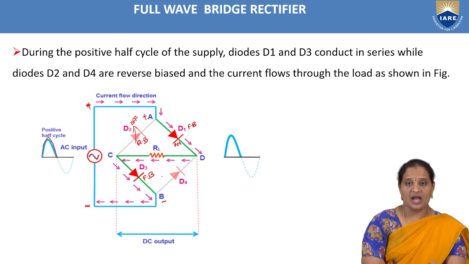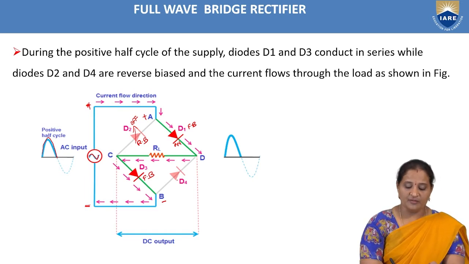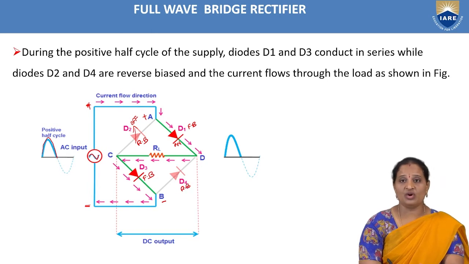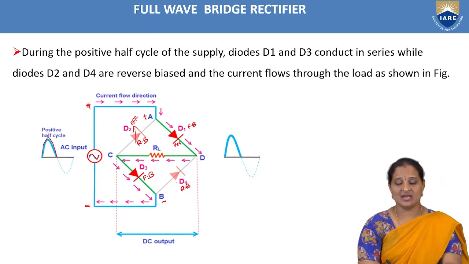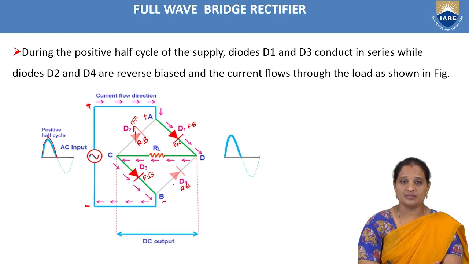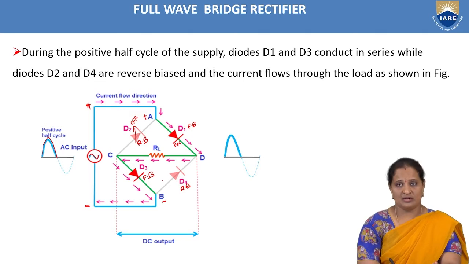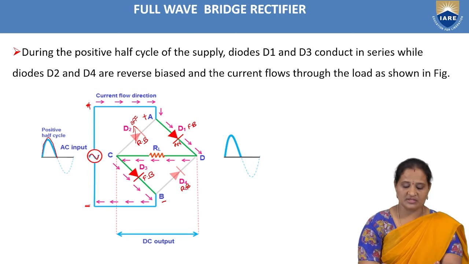And coming to diode D4, its anode is connected to point B, where point B is at more negative potential, which makes the diode D4 reverse biased, because we are applying negative voltage to the positive terminal. As you all know that anode is a positive terminal, so we are applying negative voltage to the positive terminal of the diode, which makes the diode D4 reverse biased.